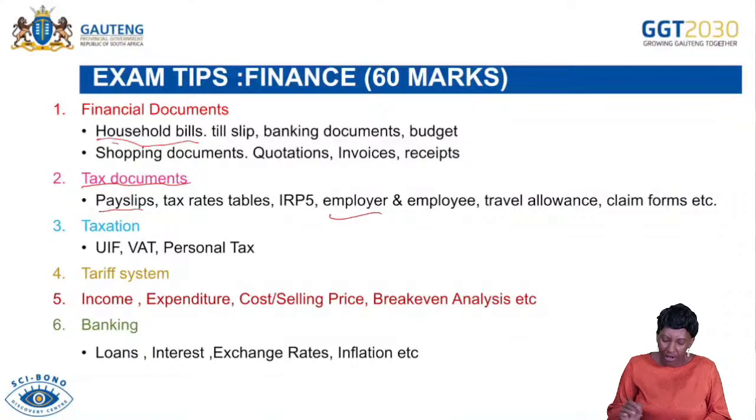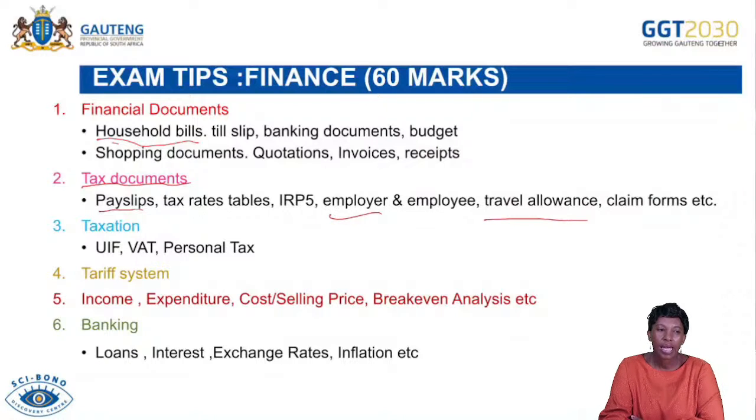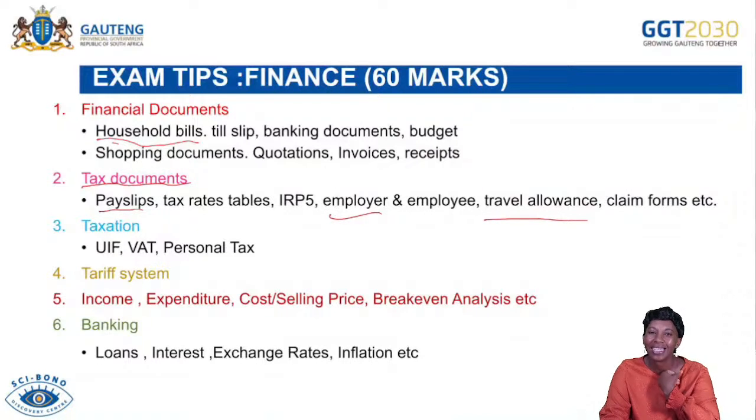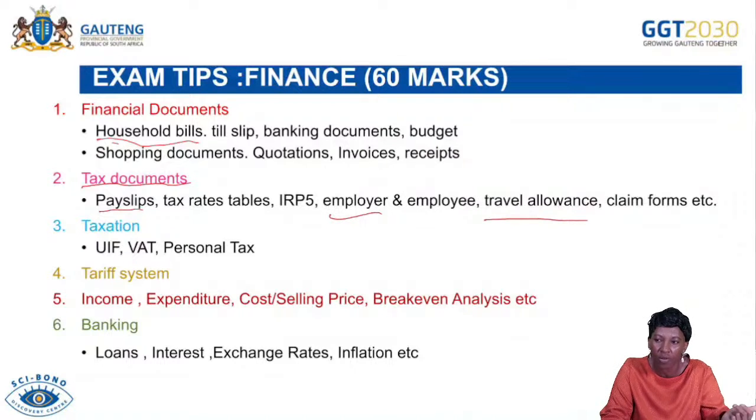And then travel allowance, I've already explained about the travel allowance. There are companies that offer their employees a travel allowance. They will say, for you to drive around, going from point A to point B, doing the business as usual, you'll get money for it, for petrol, for servicing the car, for maintenance of the car.